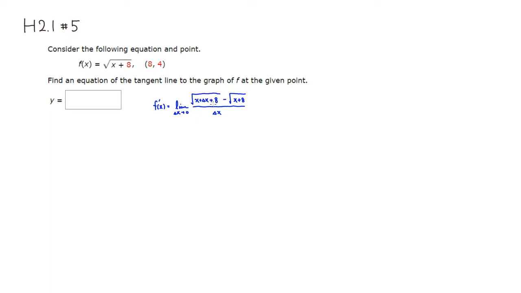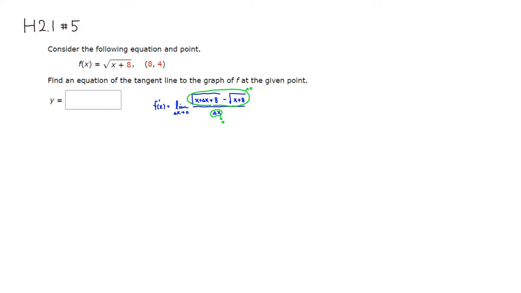Alright, then you can see that the denominator, of course, approaches 0 as delta x approaches 0. And the numerator, square root of x plus delta x plus 8 minus square root of x plus 8, also approaches 0.